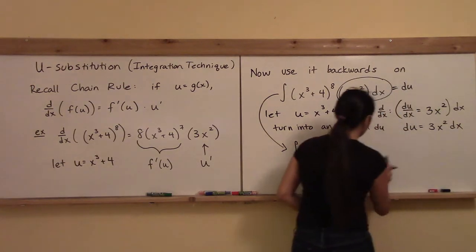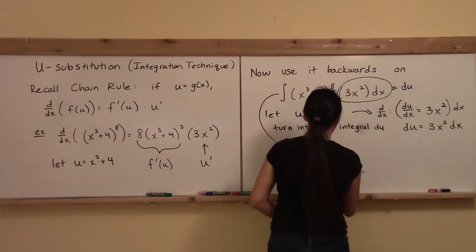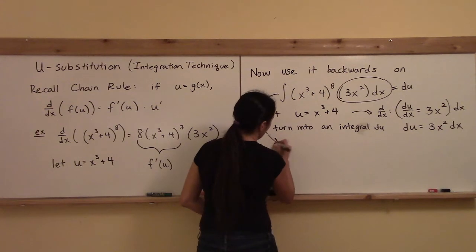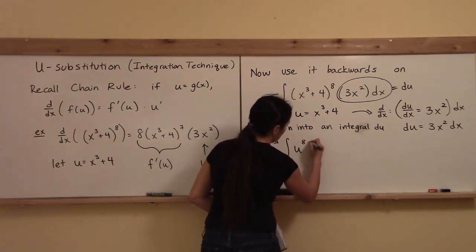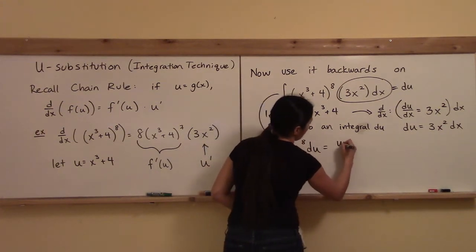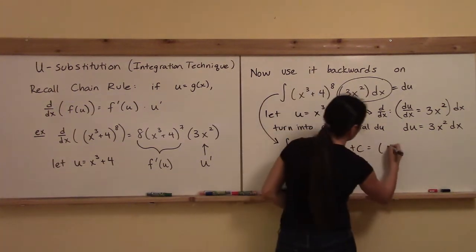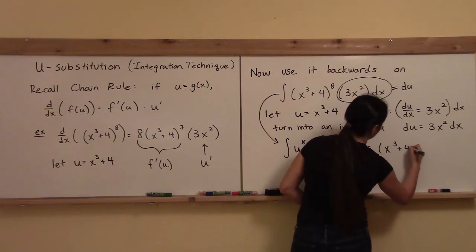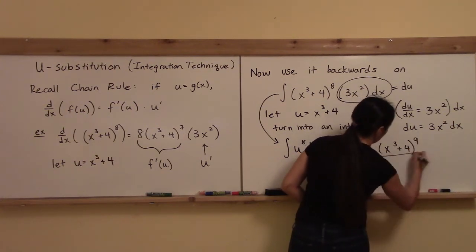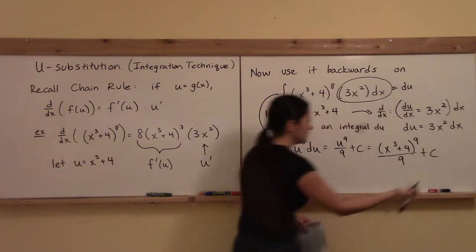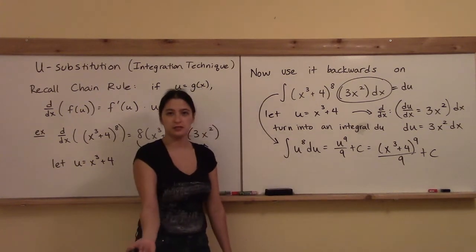Let me write that a little neater. Really what happened right here was that I turned this into the integral u to the 8th du, and that's u to the 9th over 9 plus c, and u is equal to the quantity x cubed plus 4, so it's the quantity x cubed plus 4 to the 9th over 9 plus c. And there you go, that's going to be your answer.